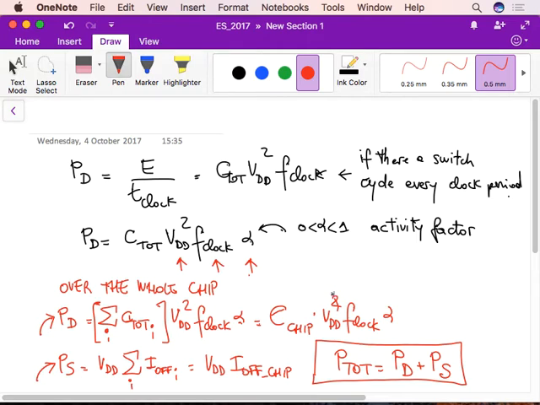Because if we reduce the supply voltage, we can reduce both the dynamic power consumption and the static power consumption. So there is this trade-off in the technology generations in order to reduce VDD, because we know that if we reduce VDD, we reduce the power consumption, but at the same time, we lose in performance.